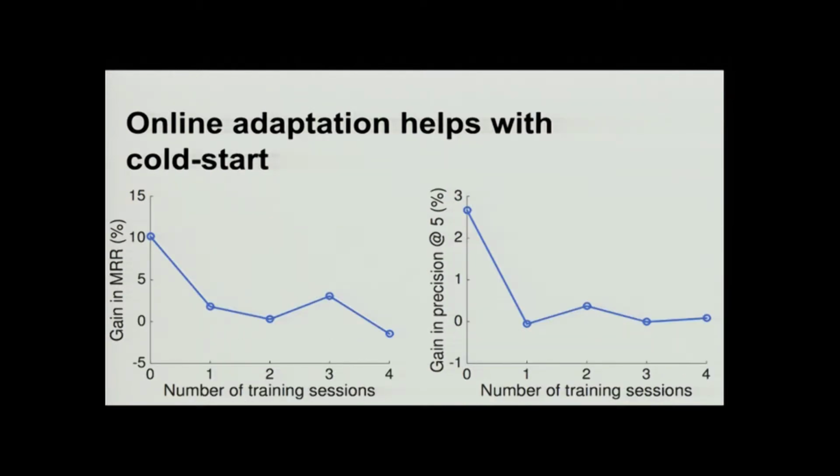And more interestingly, this approach also helps us to address the cold start problem. For users that have no training data at all, this framework actually improves the most. So this also means that we are able to provide personalized recommendations even if the user is totally new.